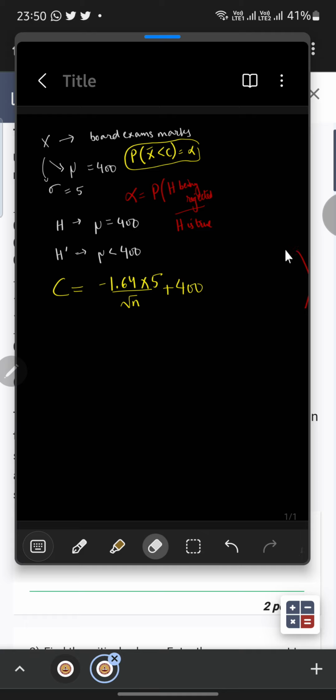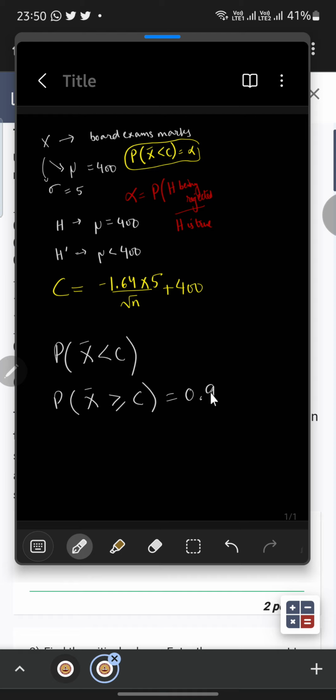This was pretty simple up till now. Before, we found the probability of X less than C. Now we can say the probability of the expected mean being greater than or equal to C is 0.95, right?